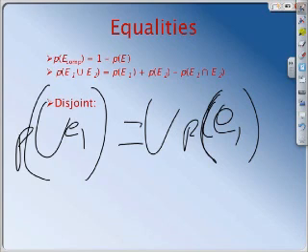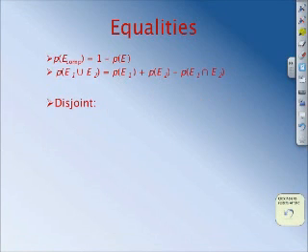This is a special case for disjoint sets, and this once again intuitively makes sense because we're saying that there's no overlap. So essentially if there's no overlap, you're just adding these, and however many unions you have, you're just going to be adding these, ignoring this term, which is just the syntax that's shown.